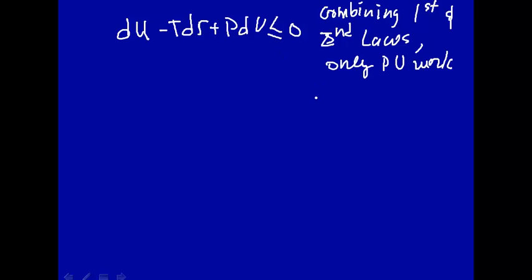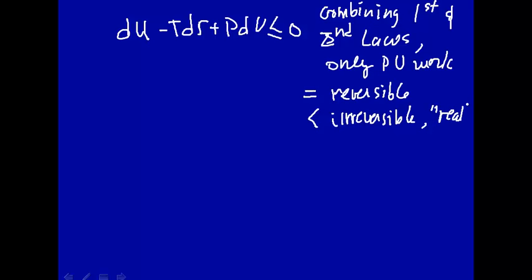And just again, this less than or equal to sign: the equal sign means a reversible process, and the less than sign is associated with an irreversible, which we call real process.